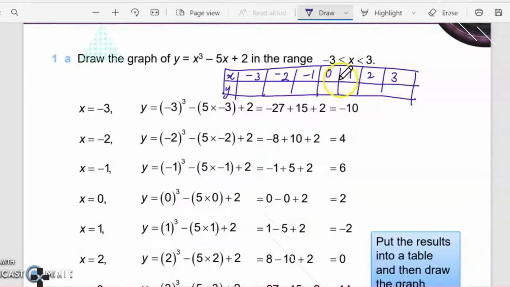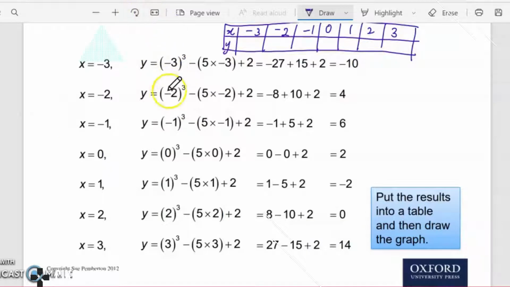For this table of values for the graph, it means here you will put in the x values from negative 3 until 3. For example, we substitute one by one, x equal to negative 3, into the equation. The function is y equal to x cubed minus 5x plus 2.